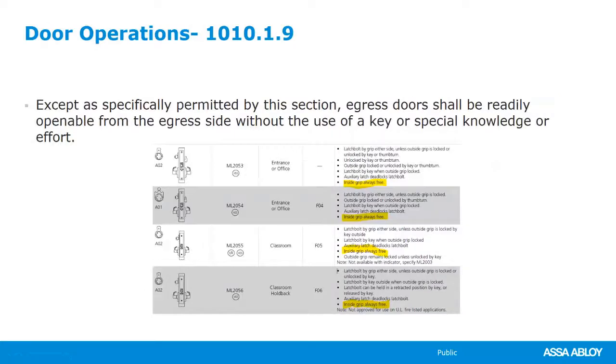Unless by exception, all doors from the egress side shall be readily openable without a key or special knowledge or effort. When you look at the cut sheets, if it says inside grip always free, that means we have the one motion free egress and we're good to go. Hospitals do have many different exceptions though that do permit locking of the door from the egress side.